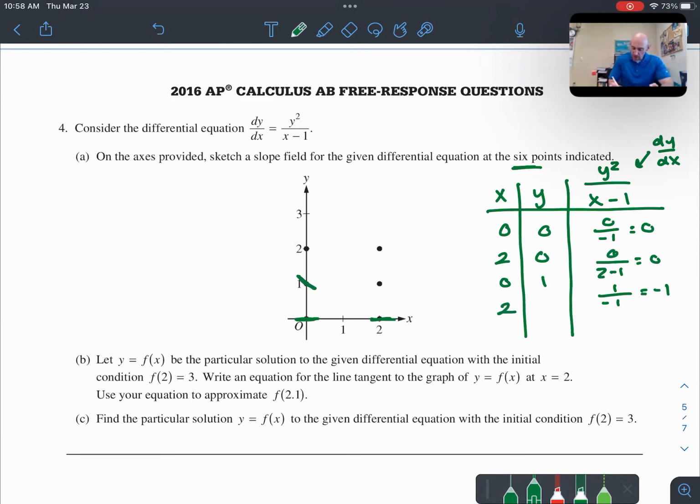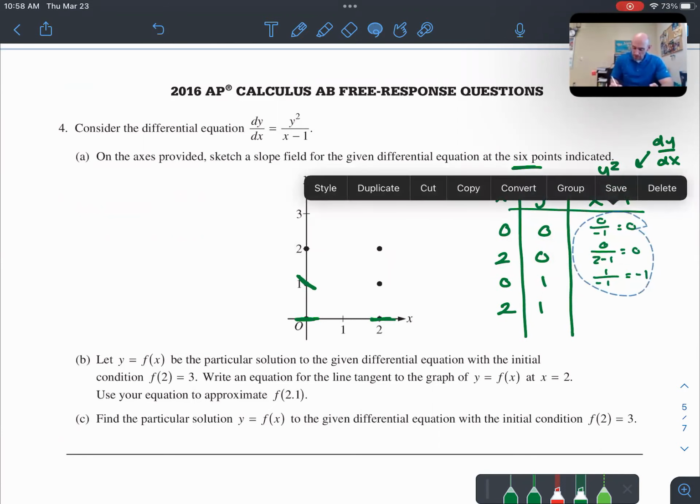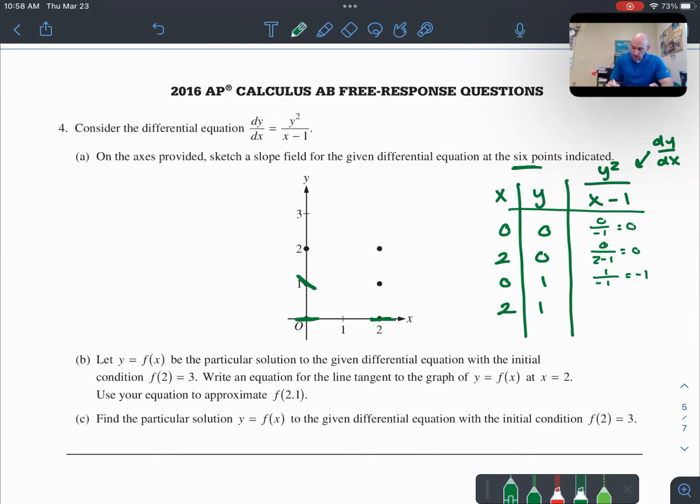And let's go ahead and do 2, 1. Give myself a little bit more room up here. Got to write a little bit smaller. All right, if I put 2, 1 in there, I get 1 over 1, which is going to give me 1. Make sure we get a positive 1 there. All right, last 2, we're going to do 0, 2.